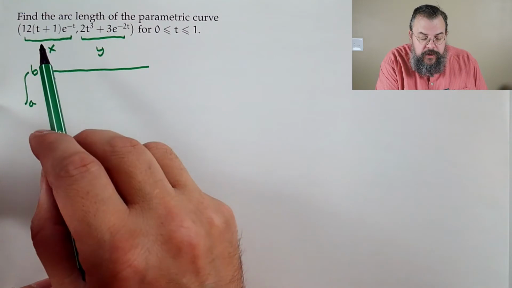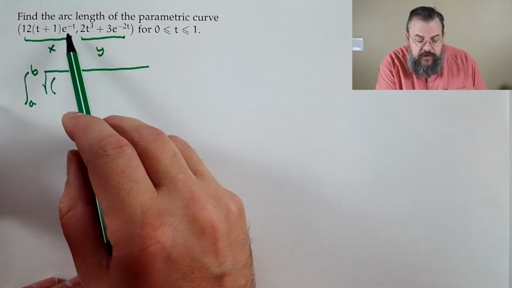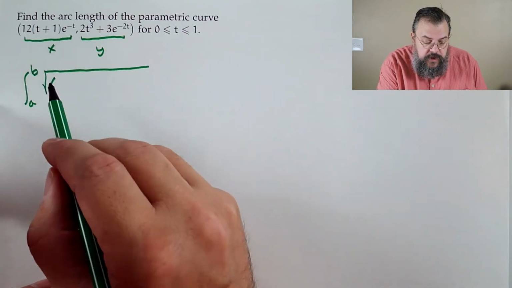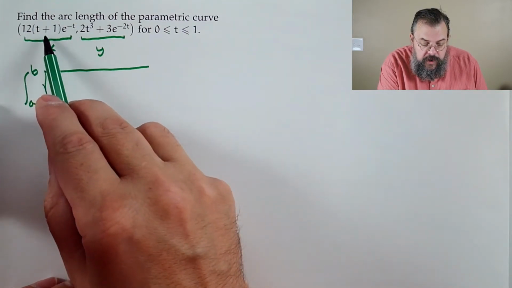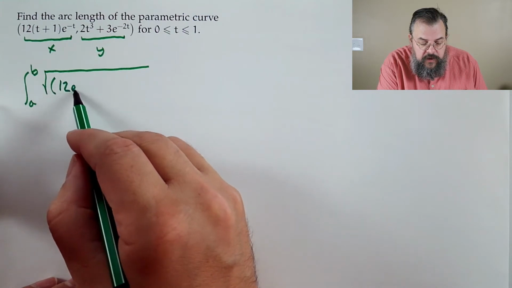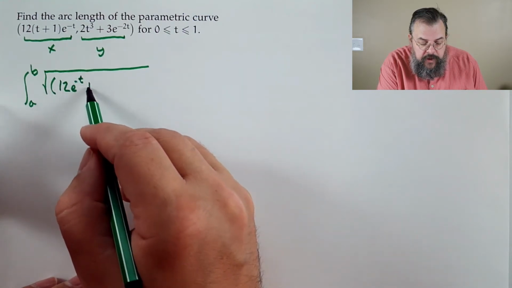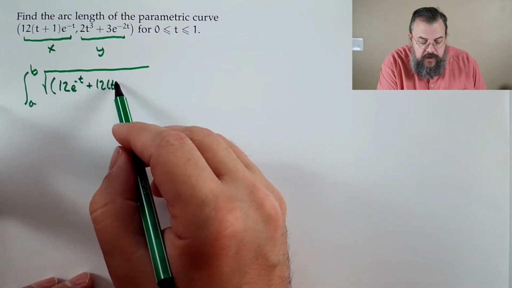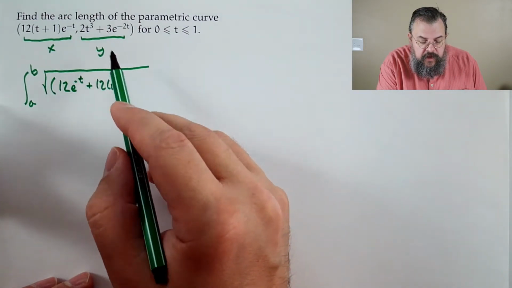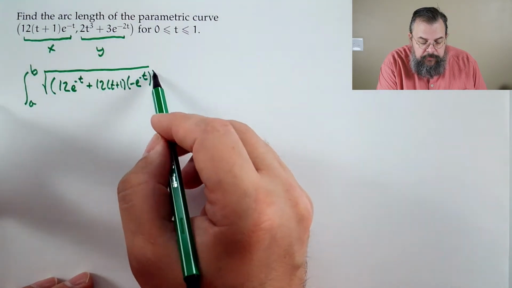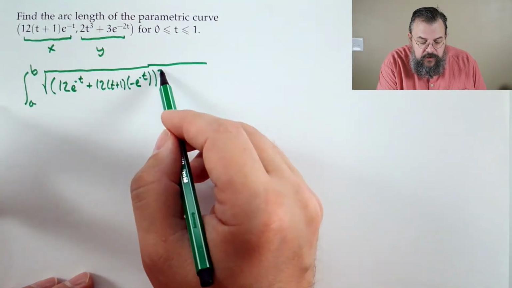This is going to be interesting. Okay, well, there's a t plus 1 times e to the minus t, so we need to do a product rule. So the derivative of the first would give us just the 1 here times e to the minus t. So 1 times e to the minus t plus the derivative of the second: the t plus 1 stays as it is, and the derivative of e to the minus t would be minus e to the minus t, all squared.